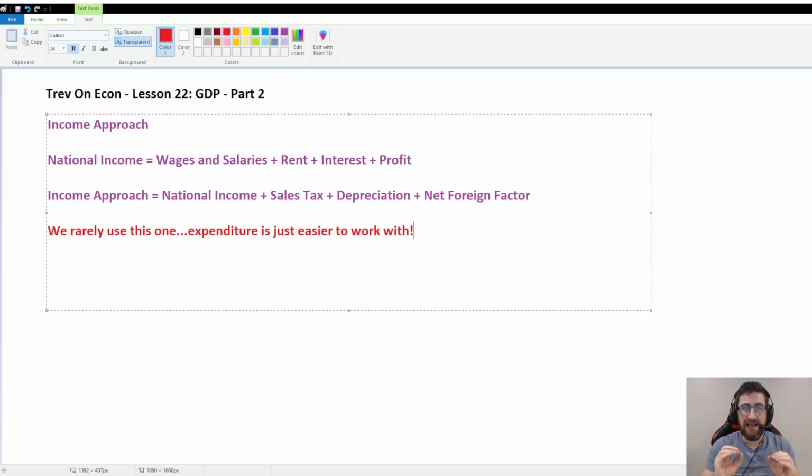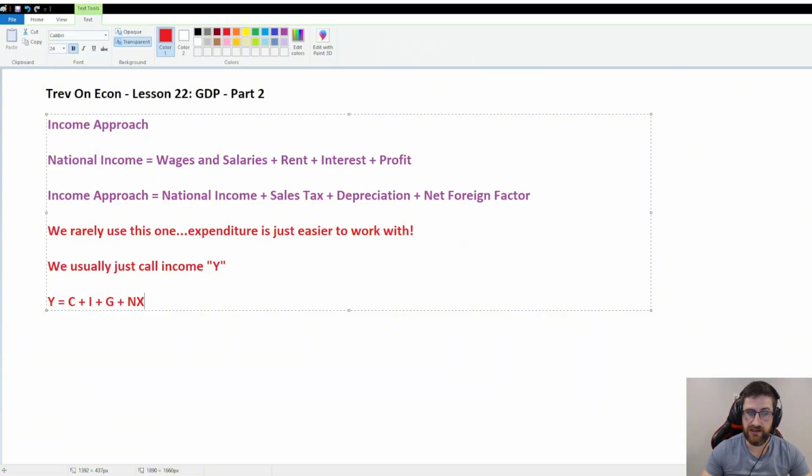A lot of the times we will capture this. We usually just call income Y. In fact, you'll often see us say income Y is equal to C plus I plus G plus NX. This Y is capturing the whole income approach.